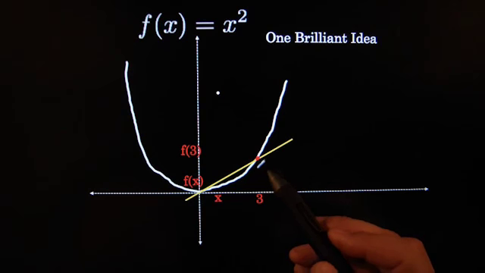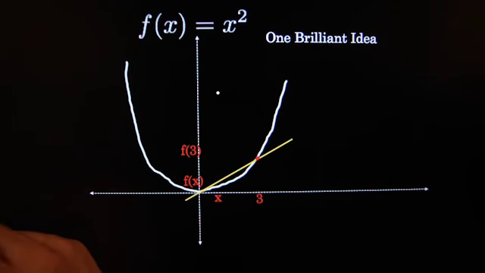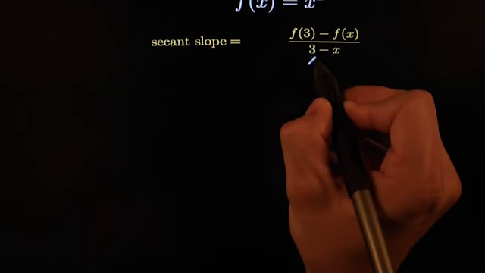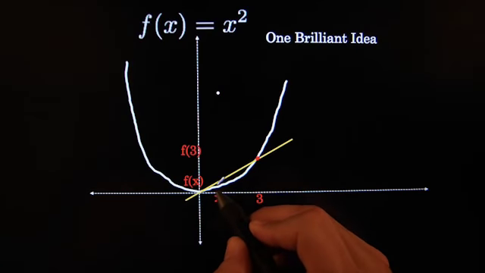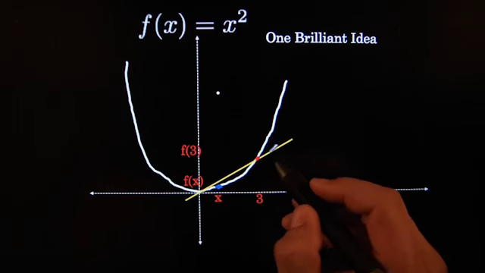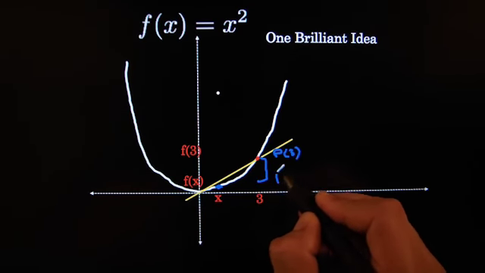Just for fun, let's try it at 3. How would you find the tangent slope at 3? Well, you would still start off with the secant slope. So the secant slope is equal to f of 3. See, I did this one a little bit different because I put x on the other side just to see if that works. So I got f of 3 here, f of x here.